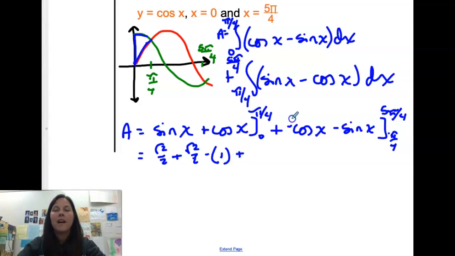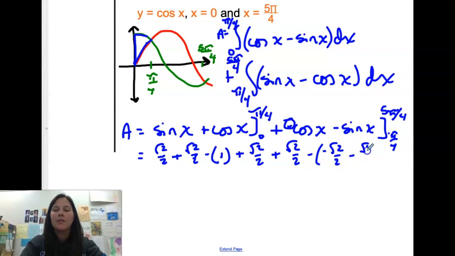plus 5 pi over 4 is in the third quadrant, and sine and cosine are both negative in the third quadrant. So a negative times a negative gives us a positive root 2 over 2. Same thing for that sine value. Minus parenthesis. We looked at cosine of pi over 4 was root 2 over 2, but this one's being multiplied by a negative.